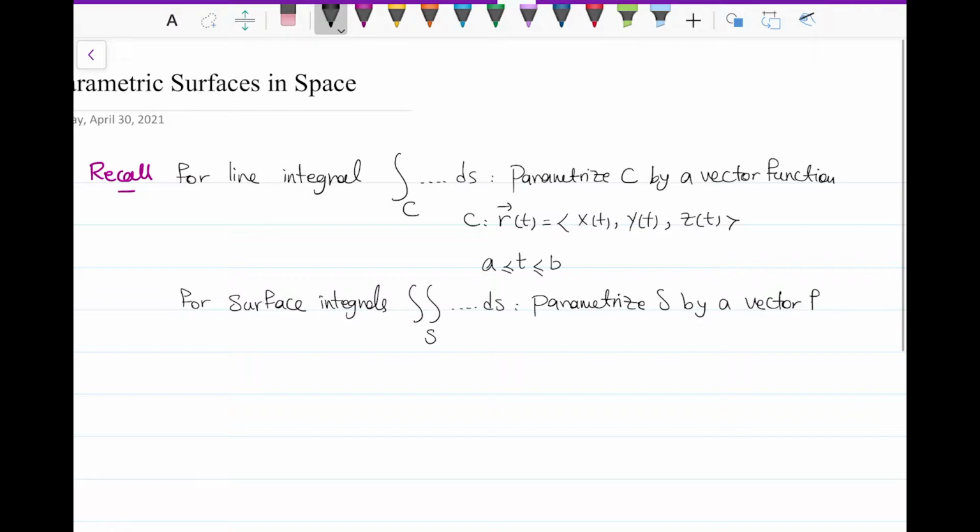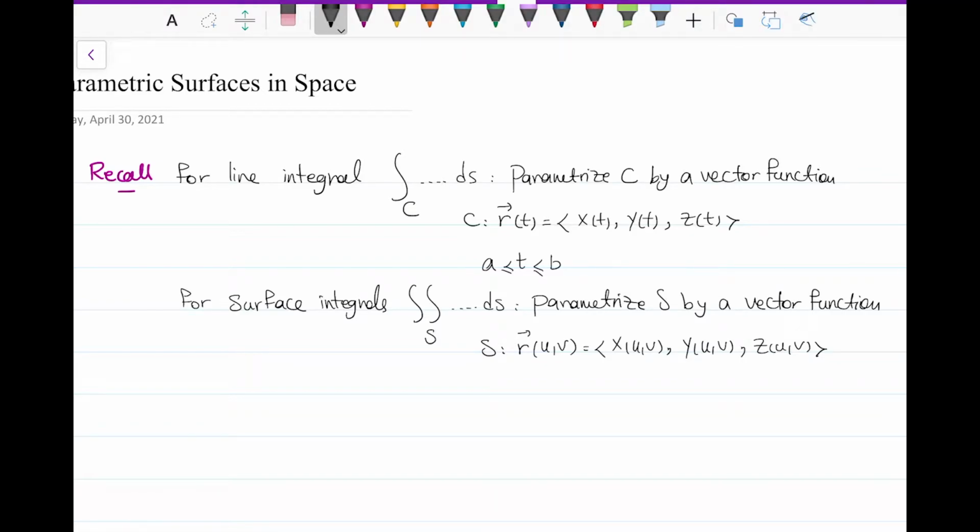The vector function that I'm going to use now needs to have 2 parameters. Any 2 parameters would work. I'm going to choose u and v, and I'm going to have x of u and v as the first coordinate, y of u and v second coordinate, and z of u and v as the third coordinate.